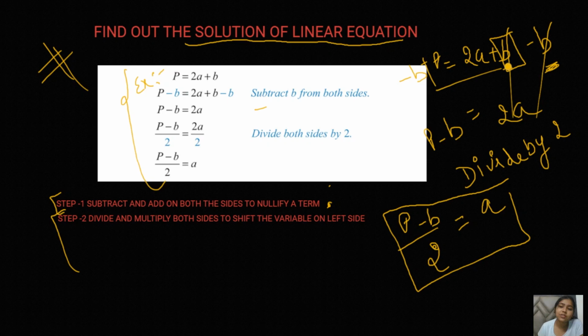We can divide them, or we can subtract them so that they are eliminated. For example, the b is present on the right side, so for eliminating this b, we subtract the b so that they cancel out and we don't have b on the right side of the equation anymore. Understood? So this is what we have learnt in the solution of a linear equation.